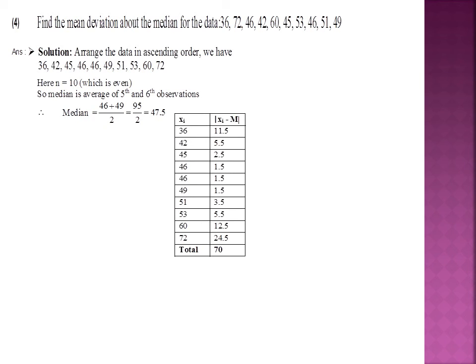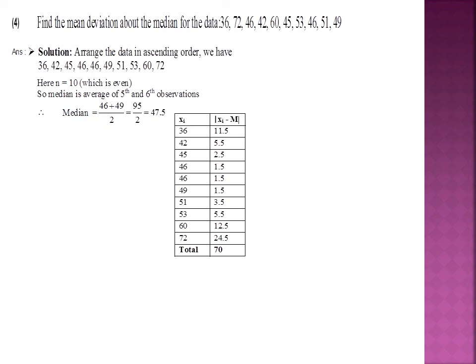Now arranging the observations in column form and again finding modulus of xi minus M. Once again it is a modulus, so it would be positive. So xi 36, 36 minus 47.5, 11.5. 42 minus 47.5, 5.5. 45 minus 47.5, 2.5. 46 minus 47.5, 1.5. 49 minus 47.5, 1.5. 51 minus 47.5, 3.5. 53 minus 47.5, 5.5. 60 minus 47.5, 12.5.